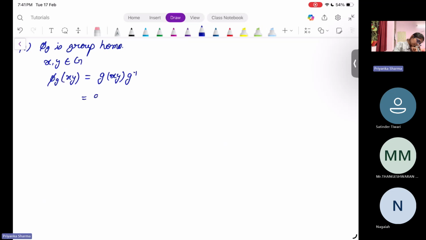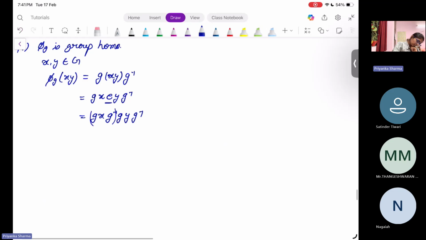This can be written as gx, here identity, yg inverse, which can be g x g inverse g y g inverse. Okay, but you can use associativity here. Okay, and this will be phi g of x, phi g of y. So you can conclude that phi g is an automorphism.